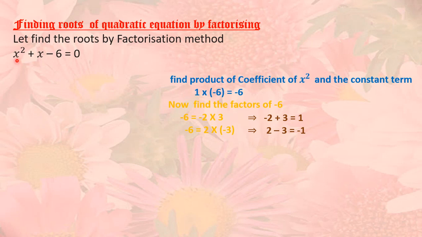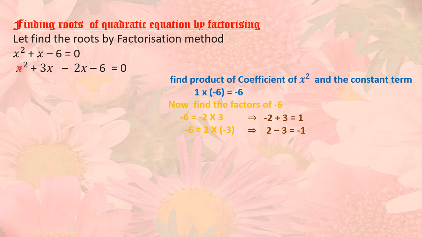So here we can write in place of x, minus 2x plus 3x. So here x square plus 3x minus 2x minus 6 is equal to 0. Here 3x and minus 2x again become x, so there is no change in the given equation by writing plus 3x and minus 2x.